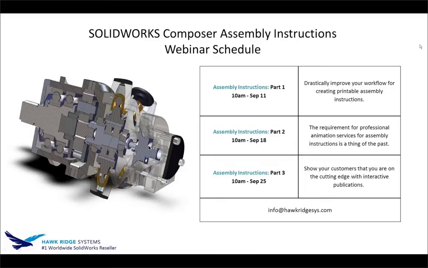Another way to do this, and one way I didn't show here, but I will show next week, is we can actually take all of these steps that we did, and instead of publish as a PDF, we would actually publish this as a bunch of images or even video content, bring those into a program such as Word or InDesign, or even make a website out of it. And in that case, we can use that to automate the page numbers and everything.